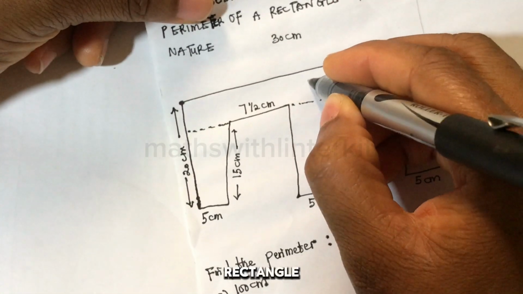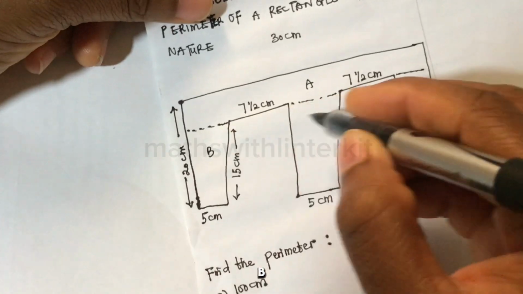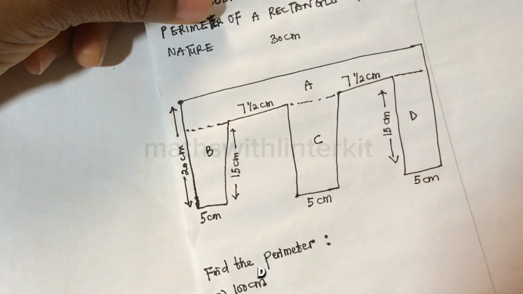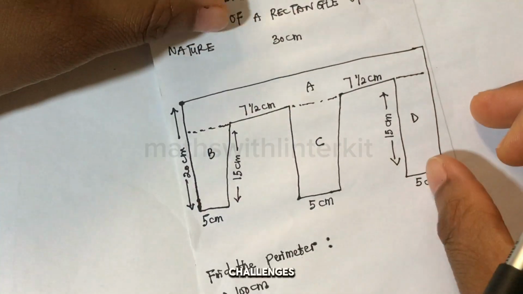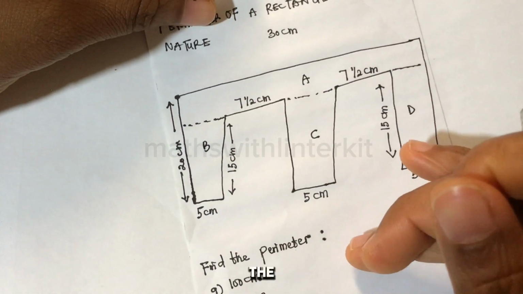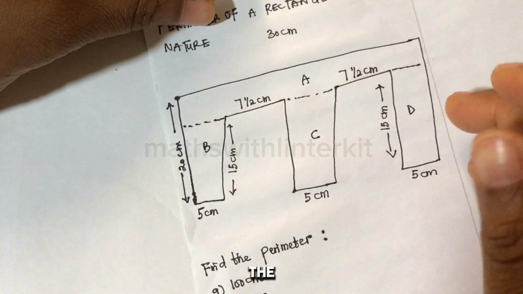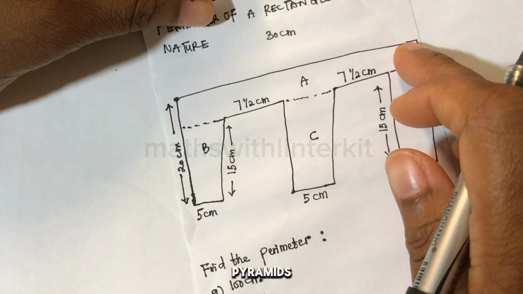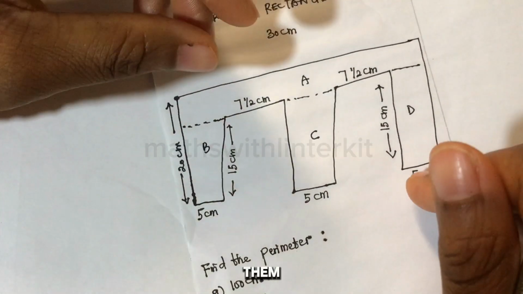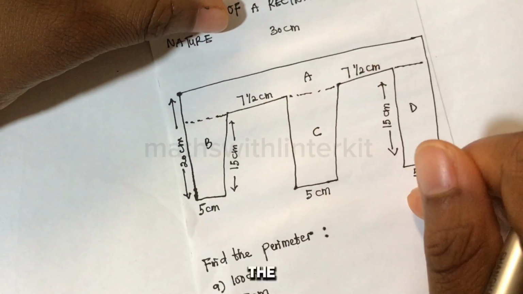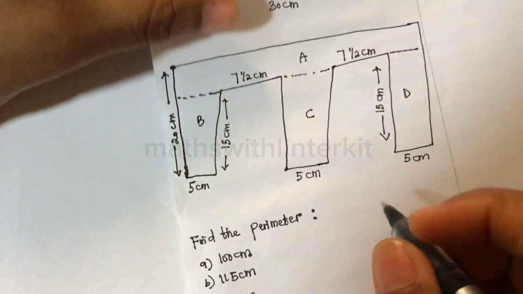I'm going to call this rectangle A, rectangle B, rectangle C, and rectangle D. So it means that I was able to partition the diagram into 4 rectangles. So for us to solve the perimeter of such a question, we need to find the perimeter of rectangle A, rectangle B, C, and D. You add them up to get the perimeter of the diagram itself.